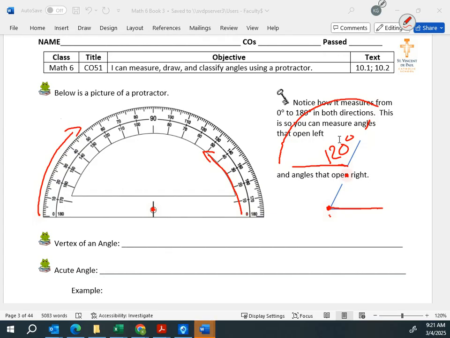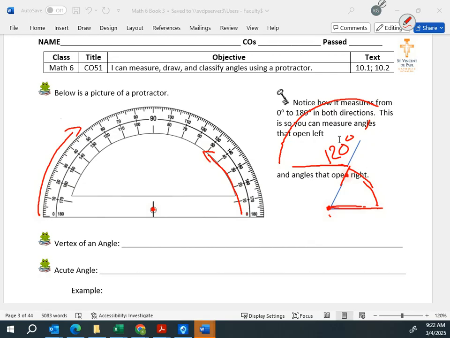So when we line it up, that angle is pointing towards the inside where that 0 is. So we're going to follow up the inside of our protractor to where this angle comes up. How many degrees do you think that would be, Lila? Yeah, let me borrow yours.